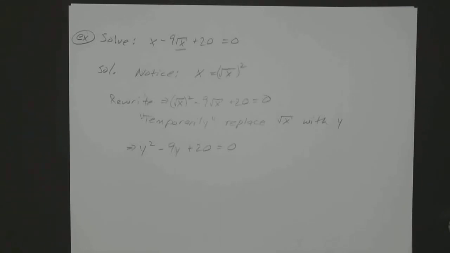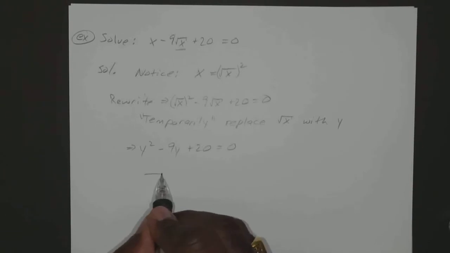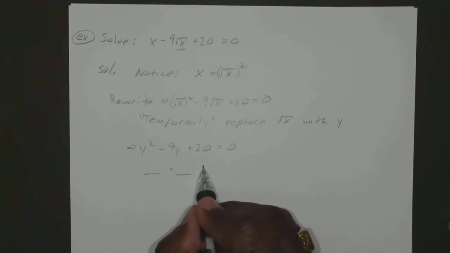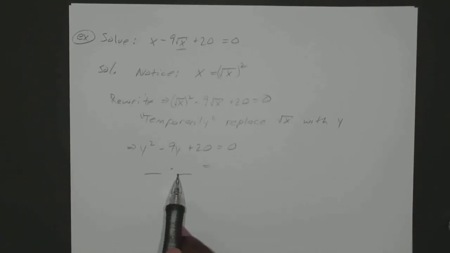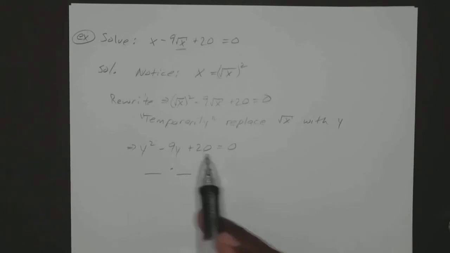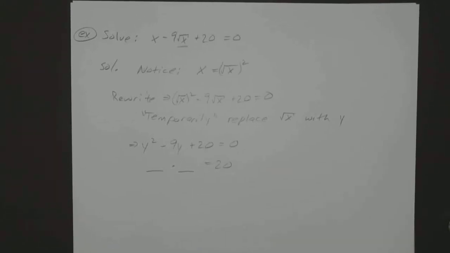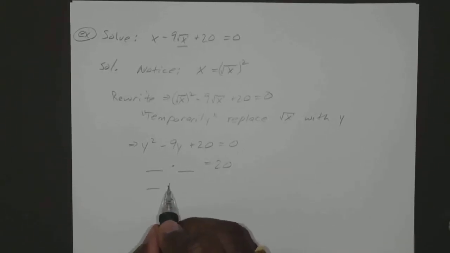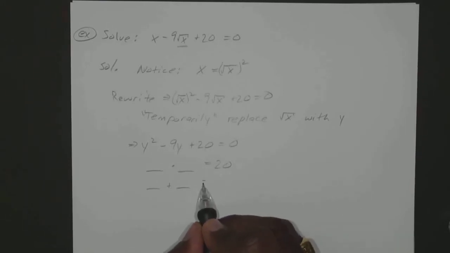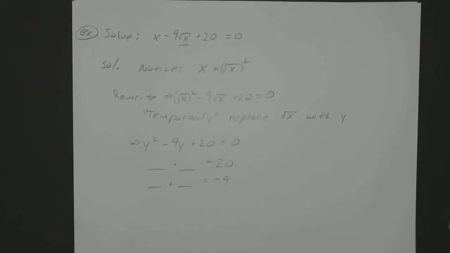Since you don't have anything in front of the y squared, you can see if basic factoring will work. We need two numbers that multiply to equal your c, which is 20, and those same two numbers have to add to equal your b, which is negative 9. In this case, negative 5 and negative 4 should work.